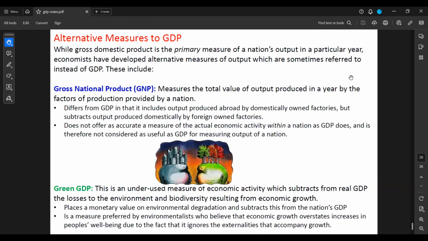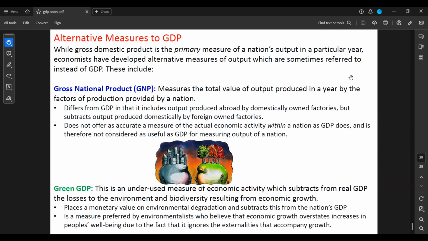It differs from GDP in that it includes output produced abroad by domestically owned factories, but subtracts output produced domestically by foreign-owned factories. It does not offer an accurate measure of the actual economic activity within a nation as GDP does, and is therefore not considered as useful as GDP for measuring output of a nation.